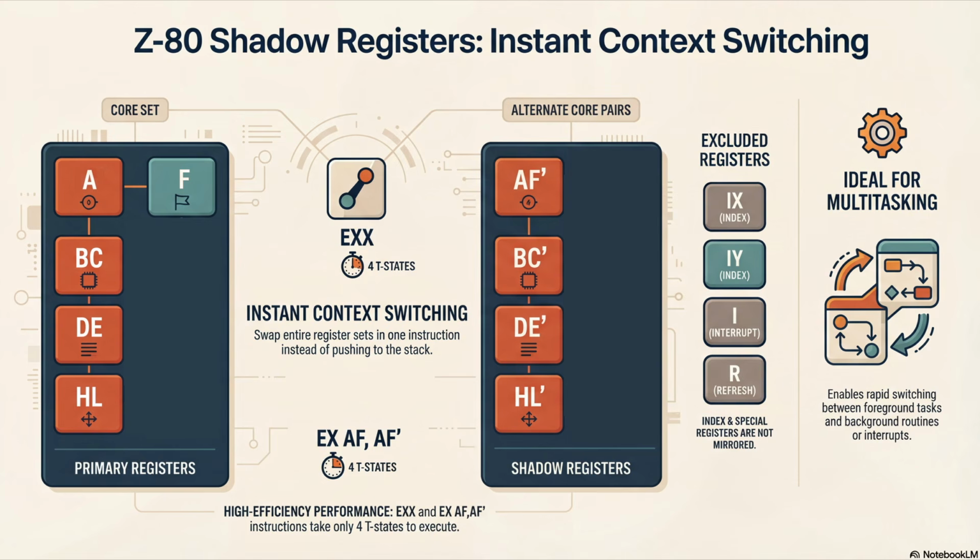They are exact replicas of the primary registers, each with its own dedicated physical storage within the CPU. The alternate set does not include the index registers IX and IY, or the special registers, the interrupt and the refresh registers. So why create a second set of registers mirroring the ones we have already covered?